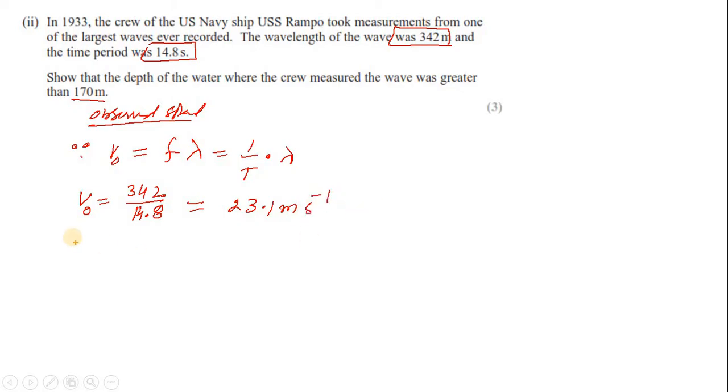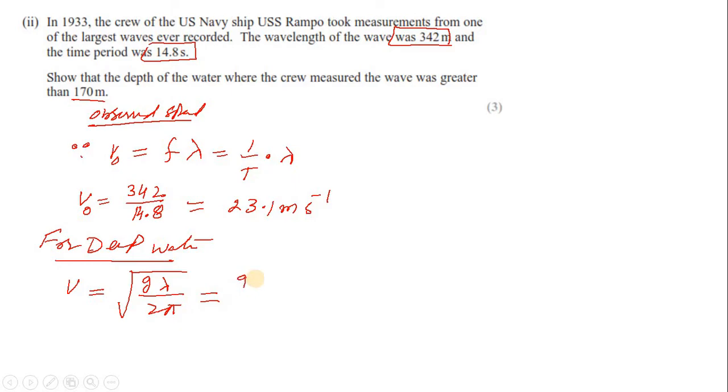And now let's calculate for deep water. For deep water measurement, you know that v is the square root of g lambda by 2 pi.